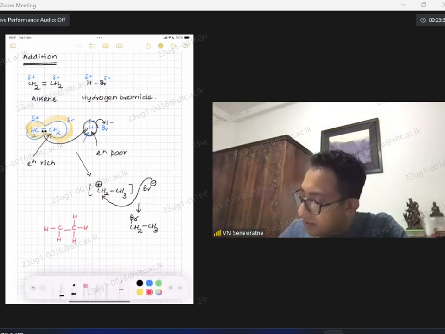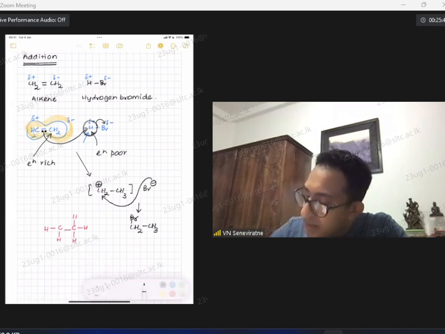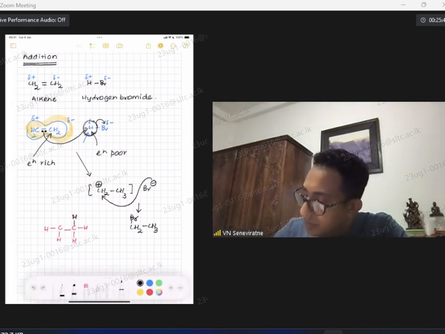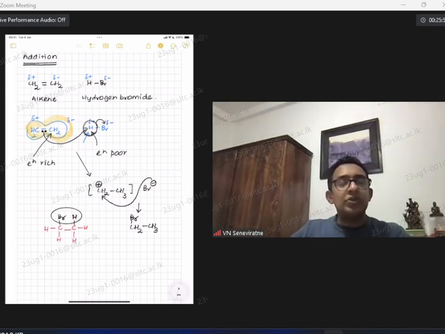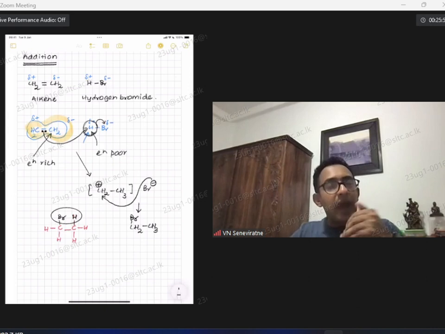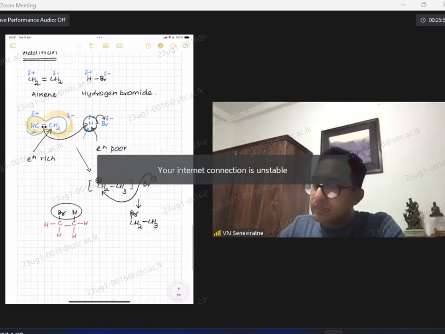I should have drawn it in a different color. Let's say you get hydrogen. On the other side, you get bromine. So you can see the newly introduced atoms are there. That is called addition. New addition to the molecule. Clear?